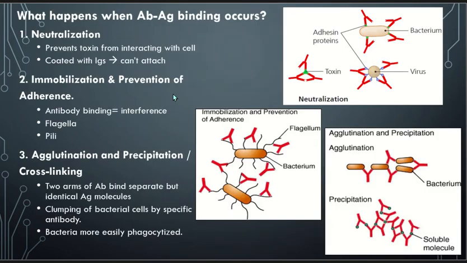So what exactly happens when antibodies and antigens bind to each other? We're going to look at six different possible outcomes. So we can have neutralization occur, and someone asked me, what is the difference between neutralization and something like agglutination or precipitation?